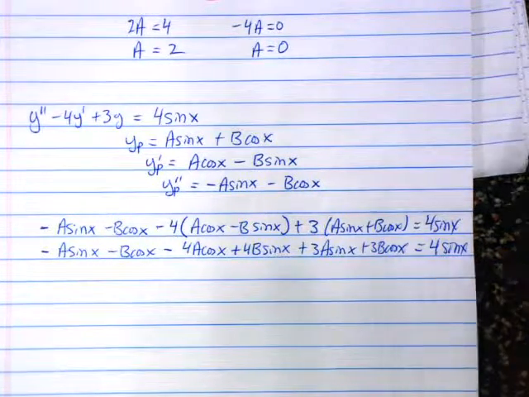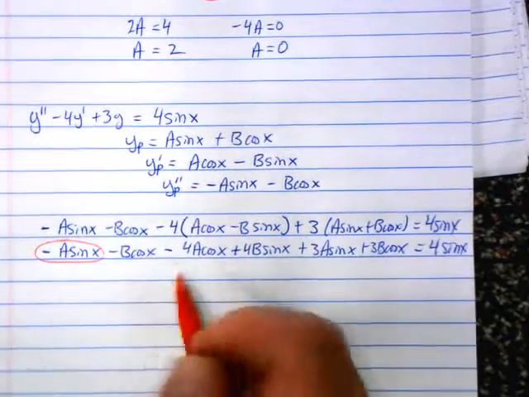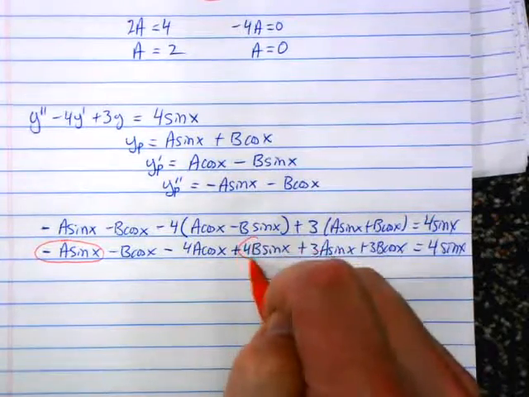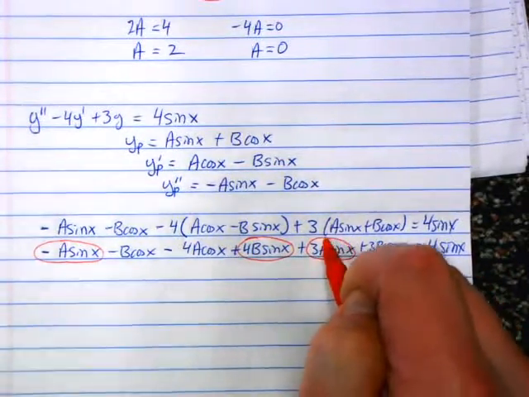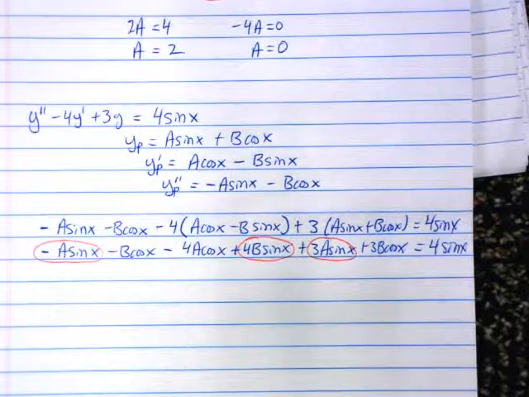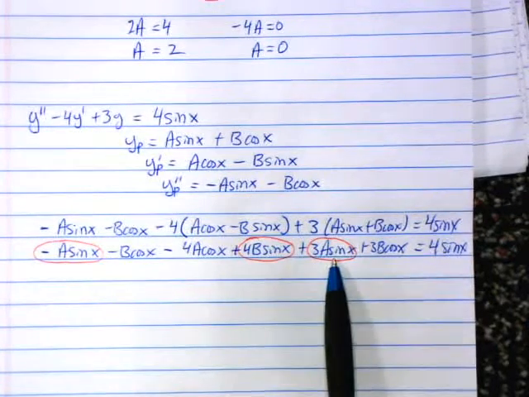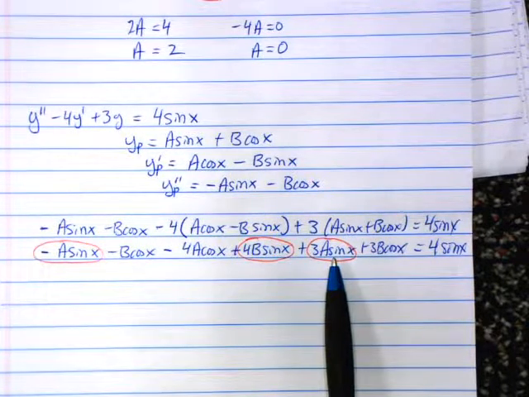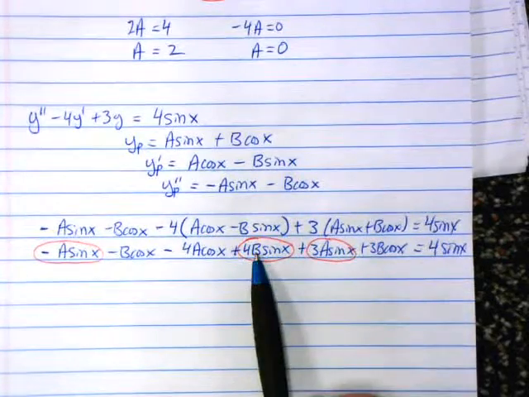Alright, so now we put together all the things that have sine. There's something with sine, there's something with sine, and there's something with sine. I'm going to combine my like terms. I have a negative a and a positive 3a, so that's going to be 2a. And then I have a 4b.